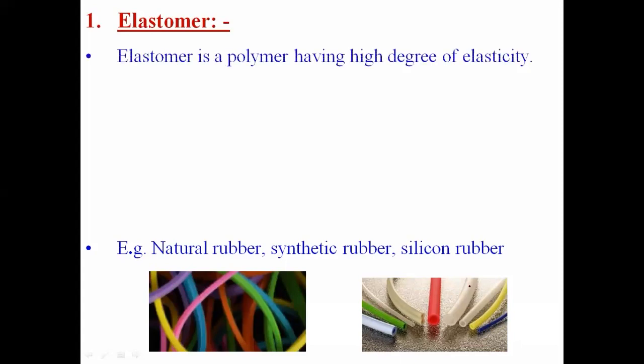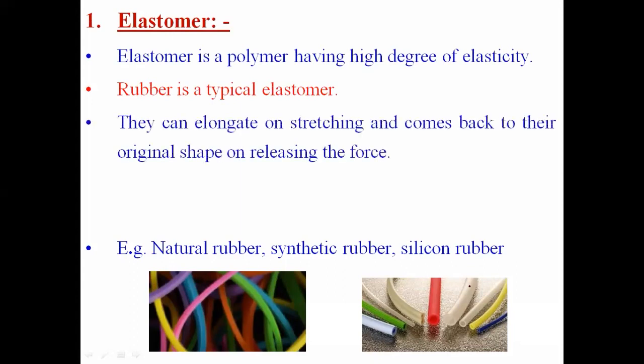Yes, an elastomer is a polymer having a high degree of elasticity. It has a high degree of elasticity, therefore we call it an elastomer, right? And rubber is the typical example of elastomer. Now, what is the property? Yes, they can elongate on stretching. When we stretch it, it can easily elongate, and it comes back to the original shape on releasing the force.